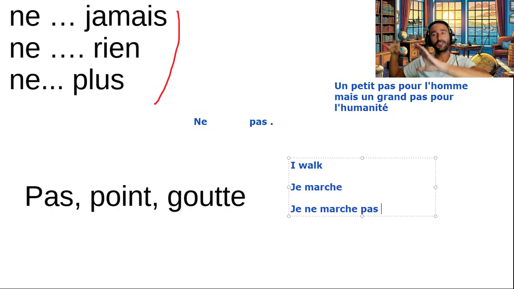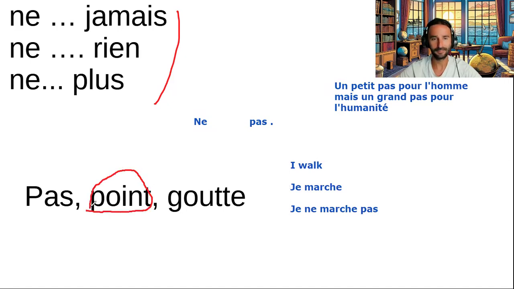And actually, today we have another kind of negation, but it's not everyday French. It's really luxury French. You could hear point. It's like a point. For example, I write.